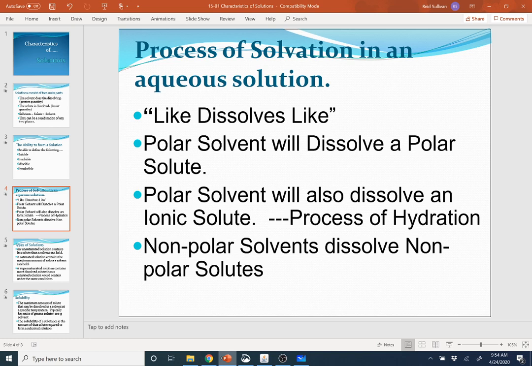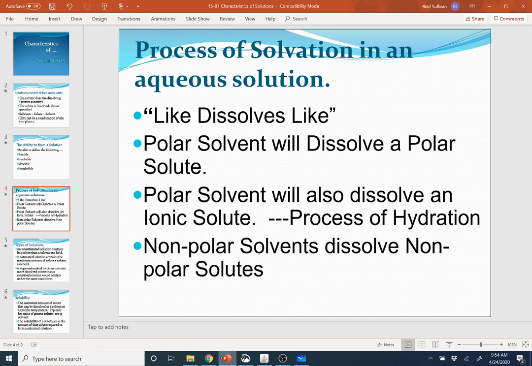So in the case of a polar solvent, it will dissolve polar molecules. A nonpolar solvent will dissolve nonpolar molecules. This is why when you get something like ink on your clothes, they'll tell you to use a different solvent to try and wash it up than soap and water. Sometimes the water won't do anything.